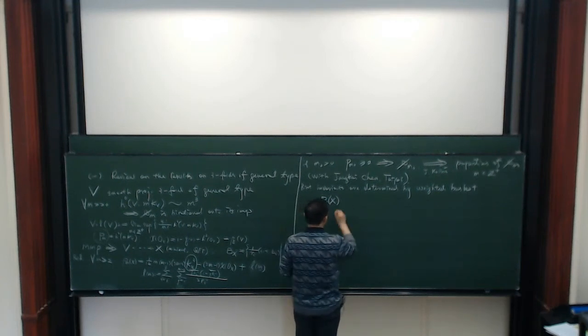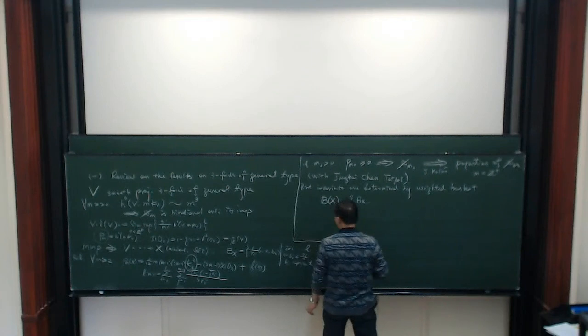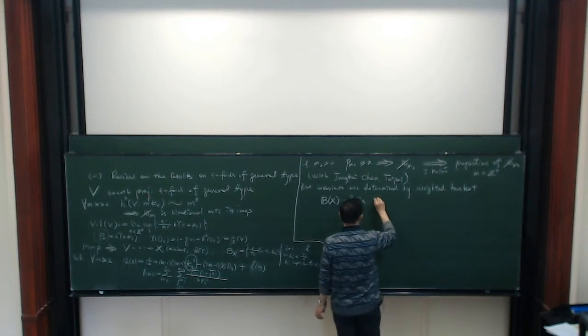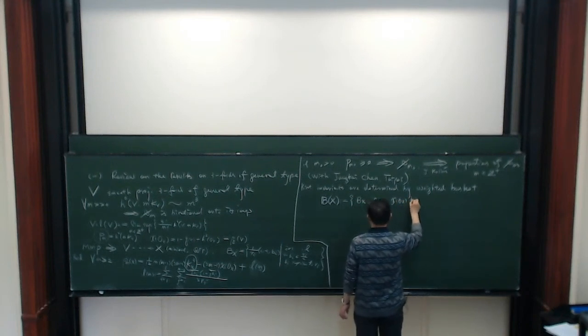So this is a triple. The first one is Reid's basket. The second one is P_2 of X. And the last one is chi of O_X.